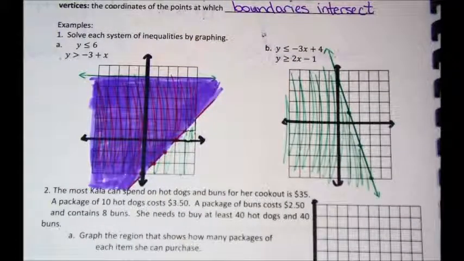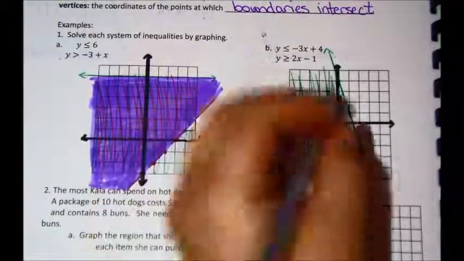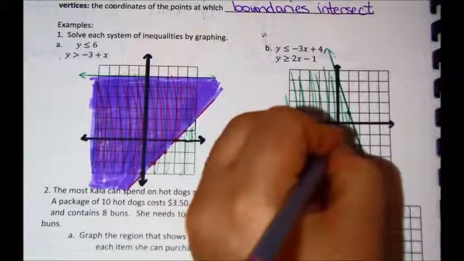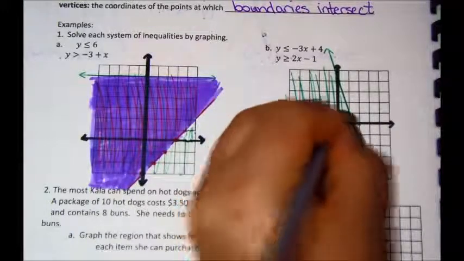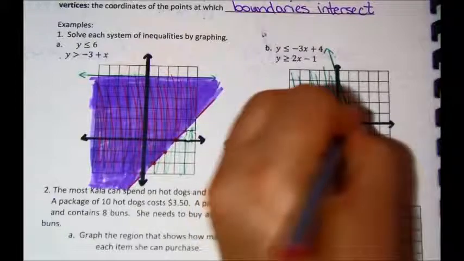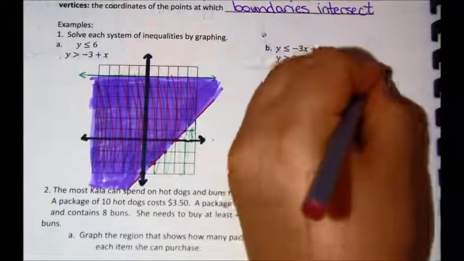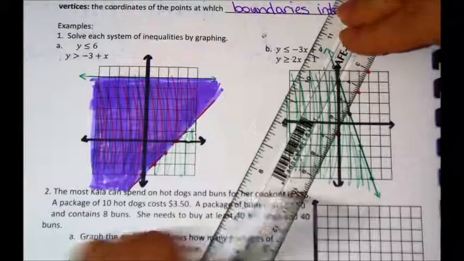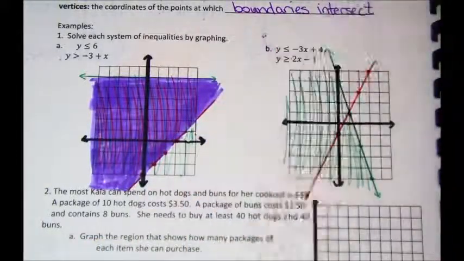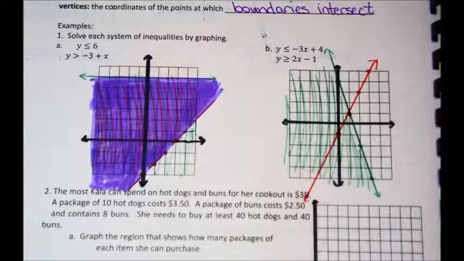The next inequality says that y is greater than or equal to 2x minus 1. The y-intercept is at -1, so we're going to go down 1 and put a dot. The slope is 2, so we go up 2, right 1, up 2, right 1. We know this is a solid line because it's equal to. We know to shade up because it says y is greater than.